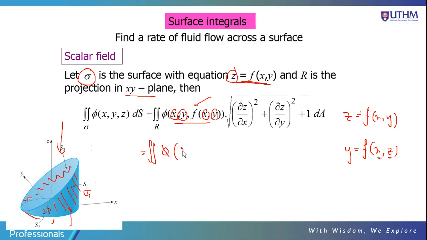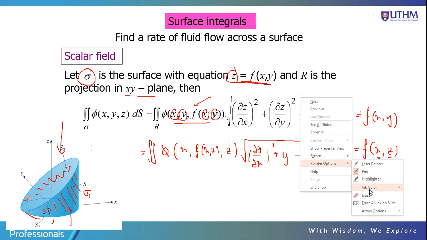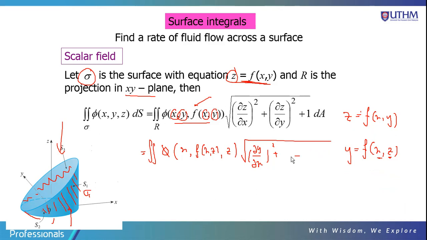So dy dx, the partial with respect to x squared, plus the y remains as 1. Because the equation is in terms of y, the projection is in the xz plane.